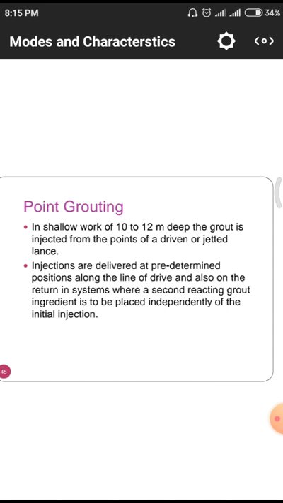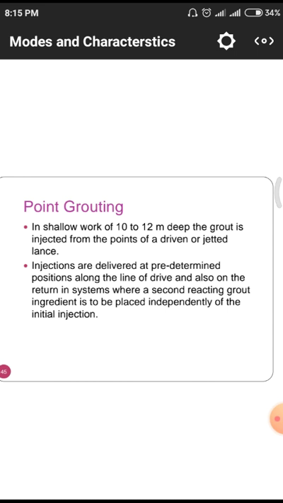It is the major phenomenon where a second reacting grout ingredient is placed independently of the initial injection. That means in the primary case we utilize some quantity of filling. After that we take a small gap. In the secondary spell we again inject the grout material, so it is a two-stage process.